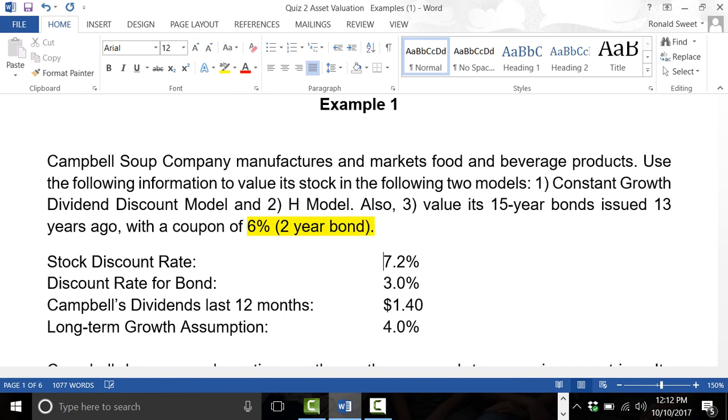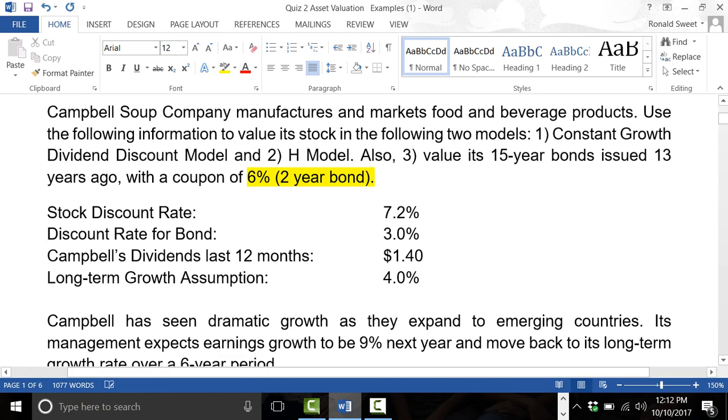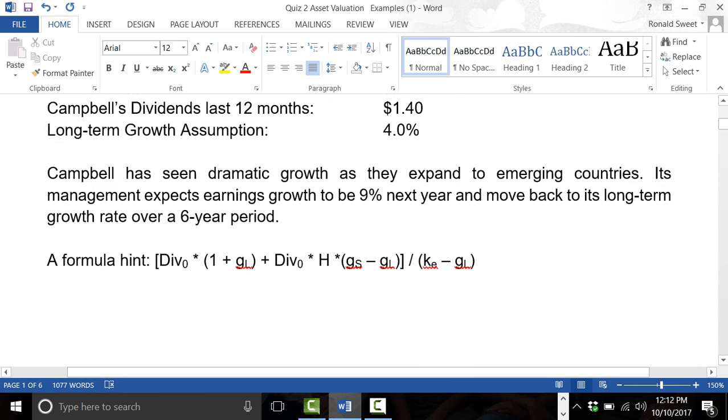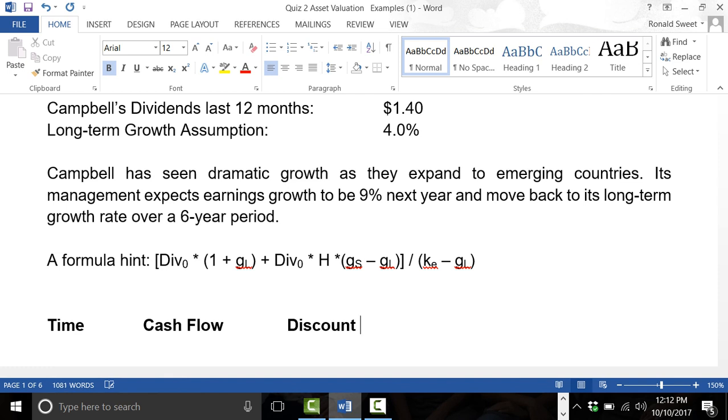So when we value this bond, what we will do is value it as a 2-year bond. So we need one column that says time. We need another column that gives us our cash flow. We need the discount factor. And then we need the discounted cash flow.